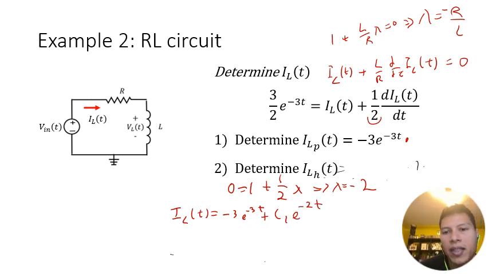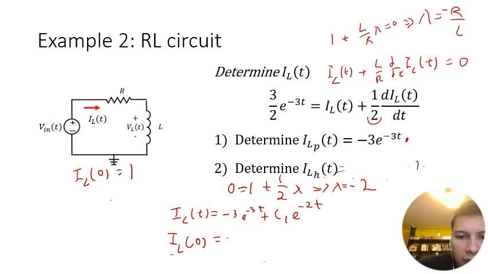And now we can use our initial condition, which was that I_L of 0 equals 1, in order to find our c1. So we have that I_L of 0, which is just equal to negative 3 plus c1, is equal to 1. And now that gives us that c1 equals 4.